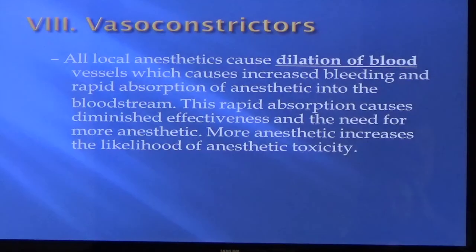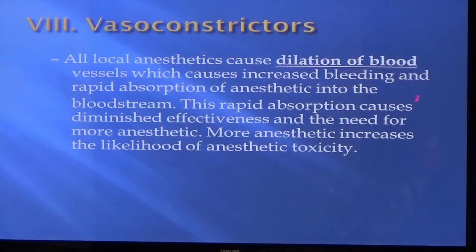The vasoconstrictor is what's added to the anesthetic so that it stays in the area longer. When you give an anesthetic, you're going to get dilation of the blood vessels, meaning all the blood vessels are going to open up, so there's going to be a lot of flushing of blood. There's going to be blood going through that area fast.